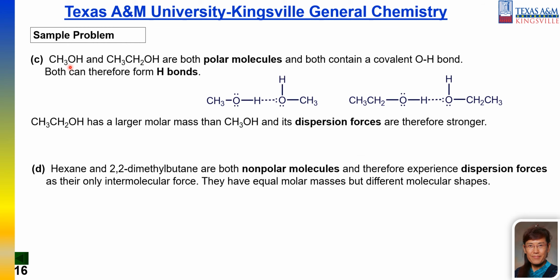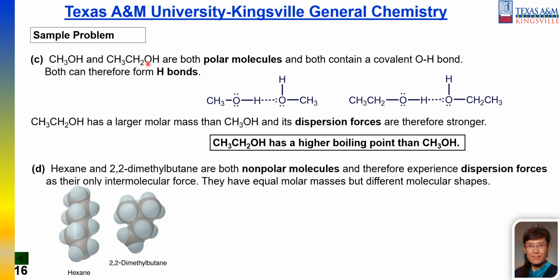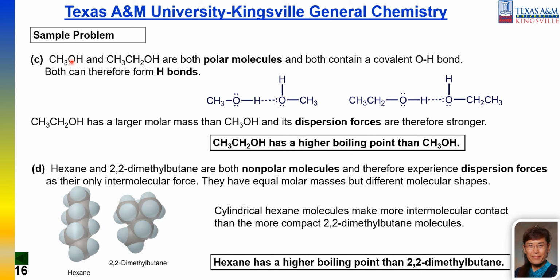Example 3. You have methanol and ethanol. Both molecules are polar molecules. Both have oxygen directly bonded to hydrogen, meaning both molecules are going to form hydrogen bonds. In this case, you are going to compare molar mass. Methanol is the first one, ethanol the second one.